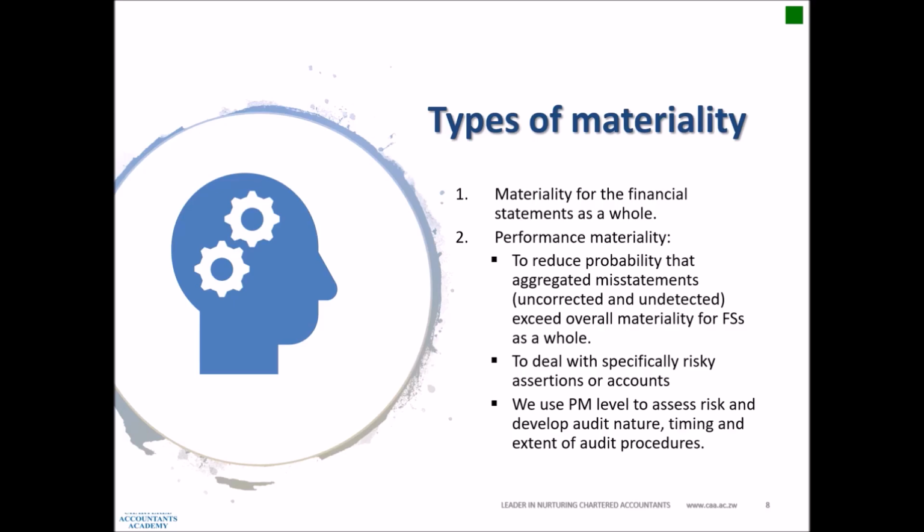Maybe in the financial statements, you find that trade receivables are risky. You then need to go and determine the materiality for trade receivables. Maybe if it is revenue that is risky, you also need to then go and determine the materiality for revenue. That is performance materiality.